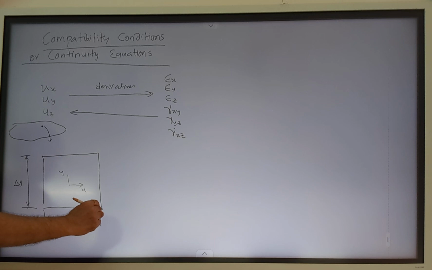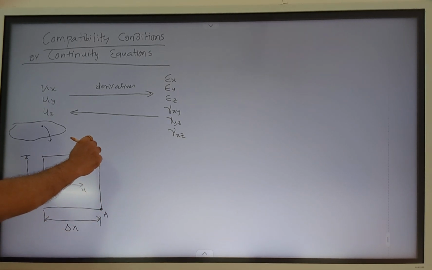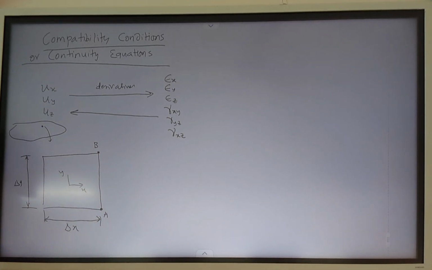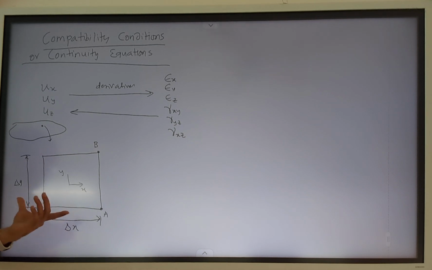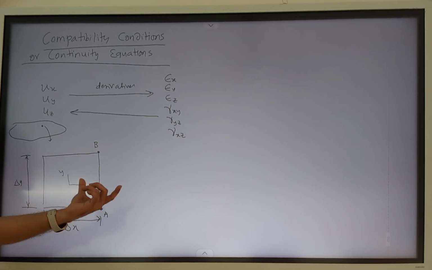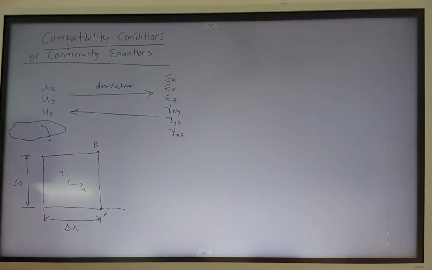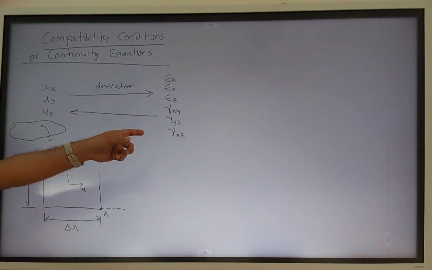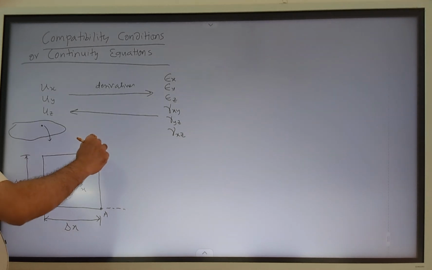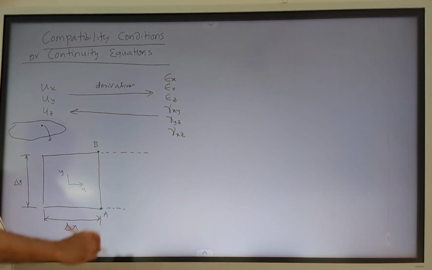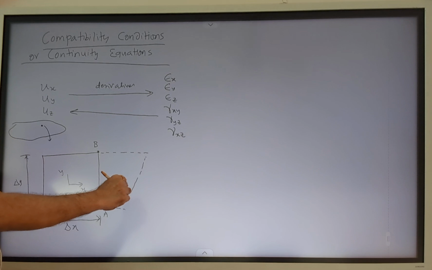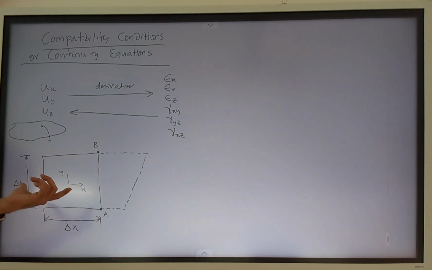Let's call this point as point A and this point as point B. Now under the action of some loading, let's say the bottom edge extends by a shorter amount. So the deformation at this point is shorter and the deformation at the other edge is longer. So that is the final deformed shape of this particular original rectangular shape.